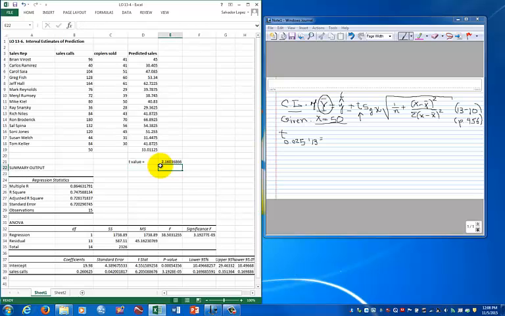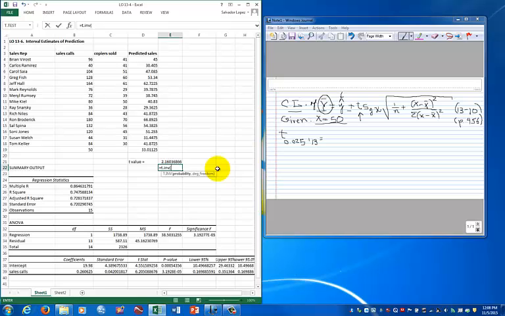Now we could have obtained the same value, in case you have a little confusion here, by using T.INV, and in that case we use the cumulative area to the left.